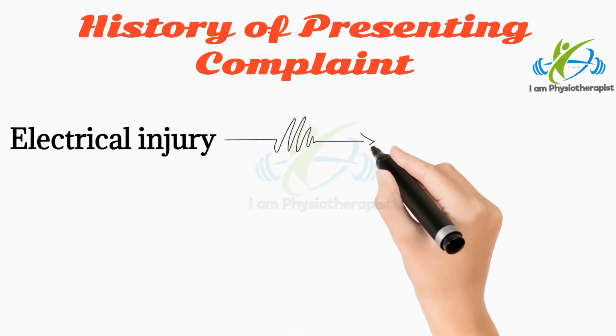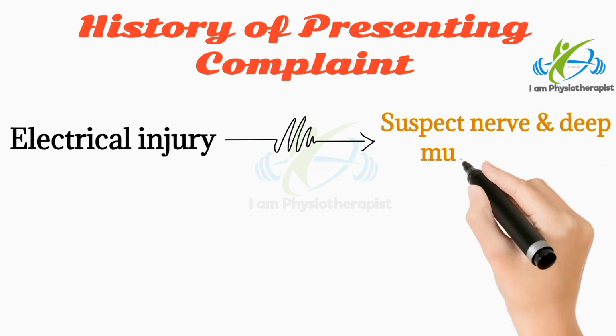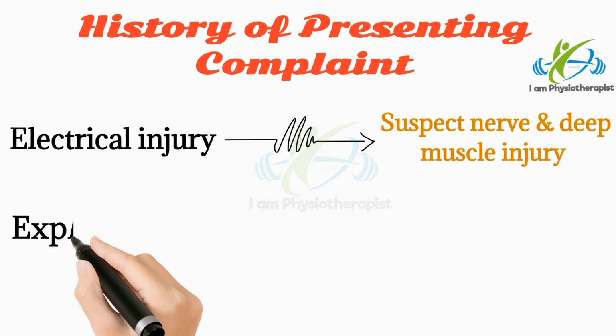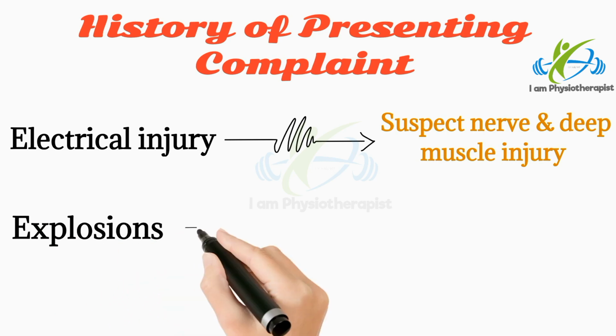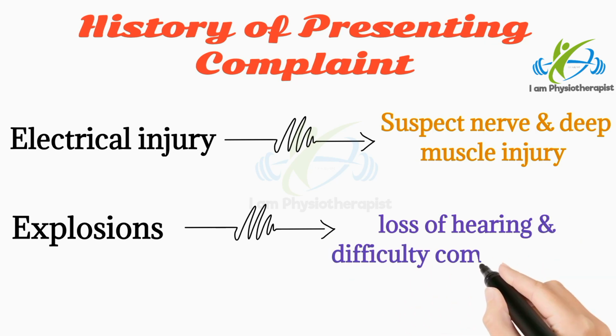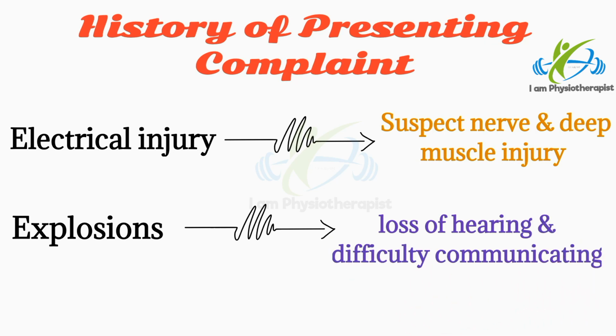Which parts of the body were in contact with earth? Suspect nerve and deep muscle injury with high voltage current. In explosions, falls, and high velocity injuries, possible tympanic membrane injury, loss of hearing, and difficulty communicating may occur.